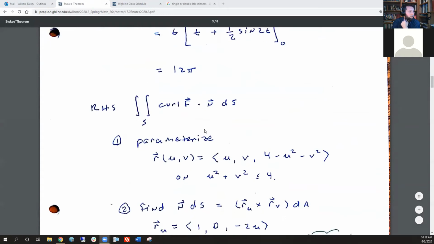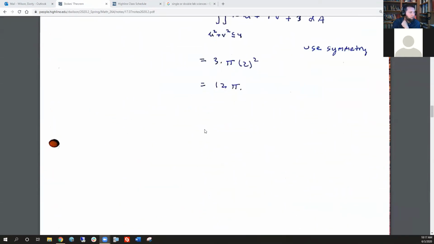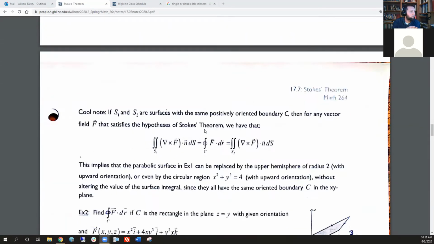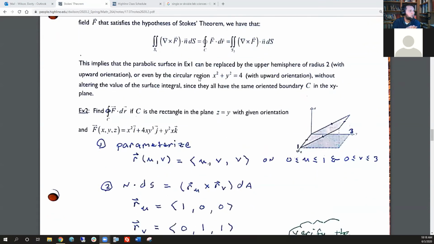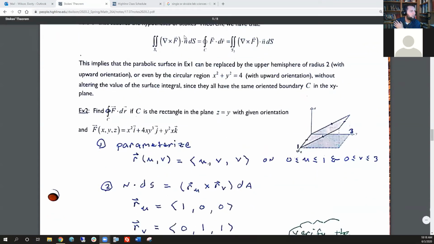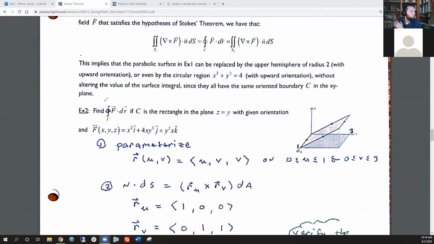All right, so let's look at another example. And before we start, let me just show you where we're going. So notice that in example 2, we're starting with a line integral. This is in the Stokes Theorem section. So what are we going to turn this line integral into? Double integral?